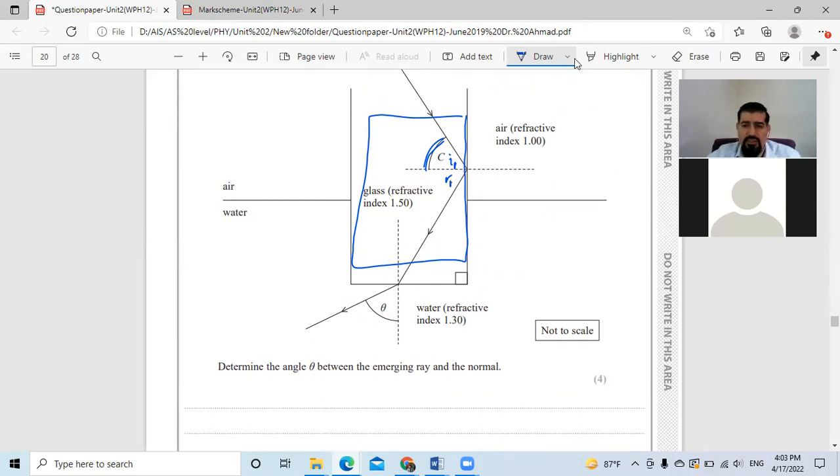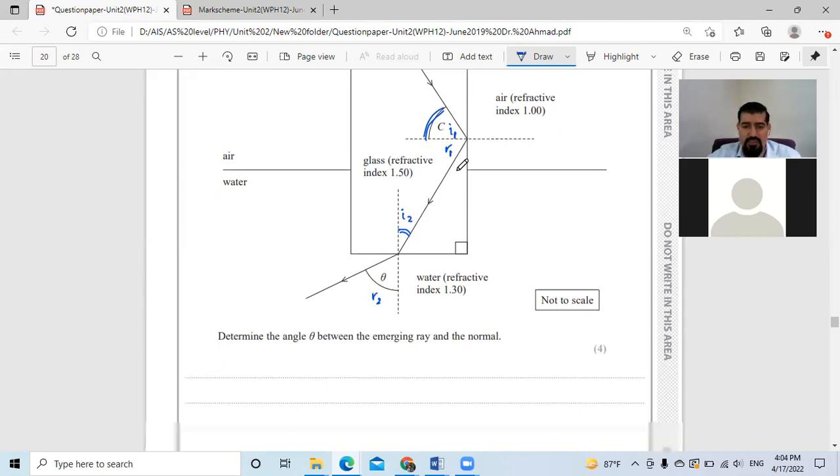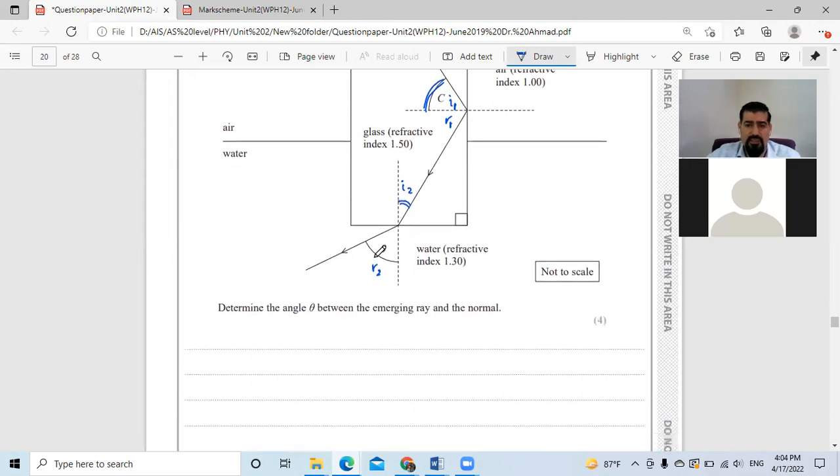Then this angle R I will use to find the angle I in the glass in the second situation, then to find R in water in the second situation. The relationship between R, this one, and I, this one, is that they are complementary angles, because together they make 90 degrees, since we have a right angle triangle here, as you can see.